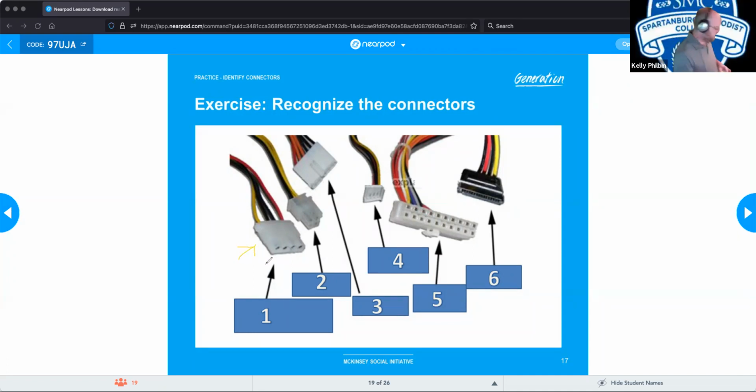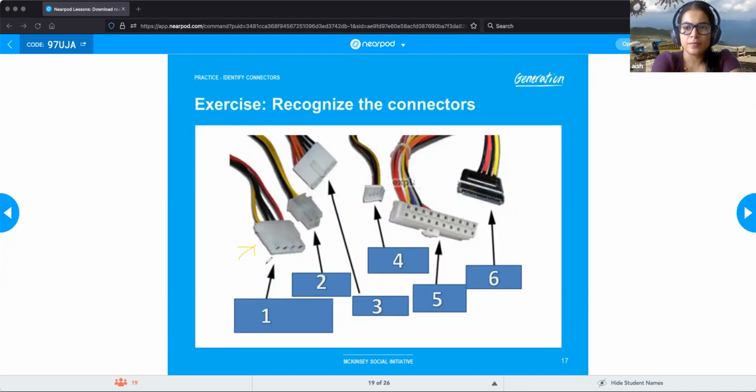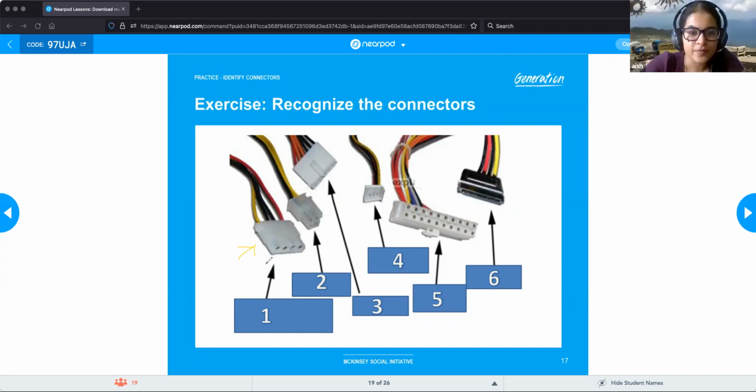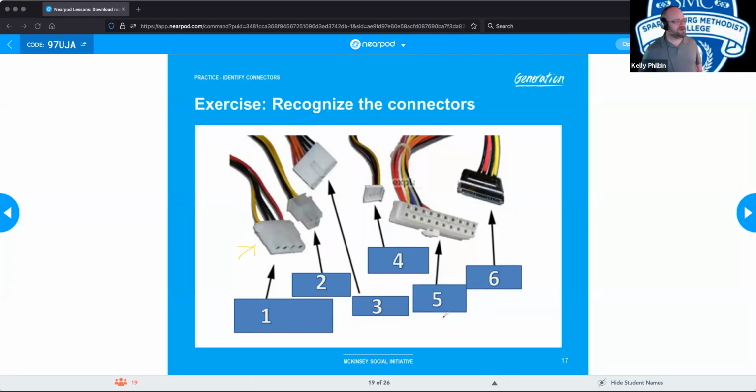It's a 4-pin power supply. Okay. And the 5th one is 20+4 ATX. Okay. Well, we were only asking for number 1, but we're good here. So there's your PS1. All right. Thank you very much.